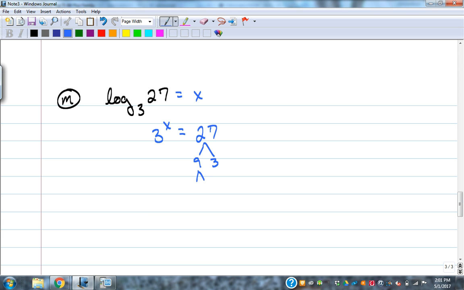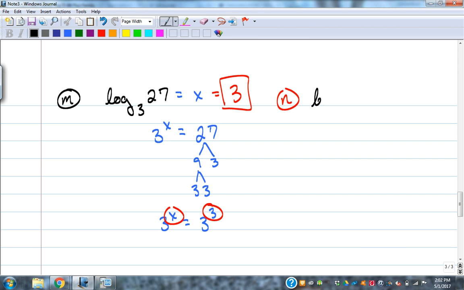It's 9 times 3. And it turns out that 27 turns into 3 to the 3rd power. So that means x has got to be equal to 3. And we've evaluated this without a calculator. Let's do a tough one.